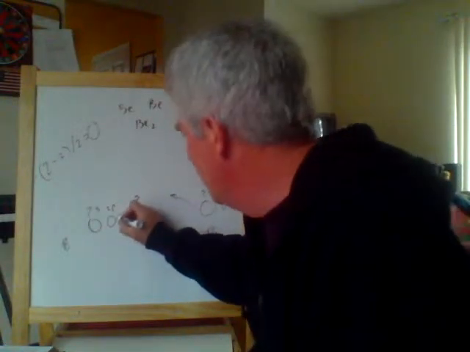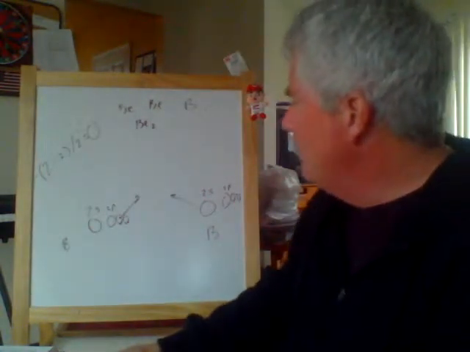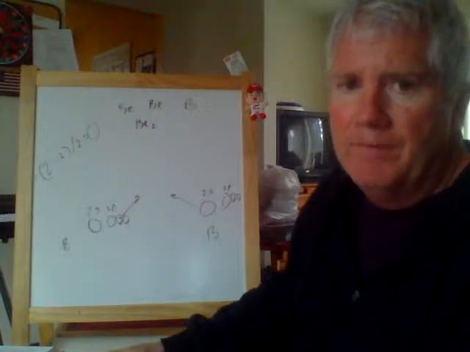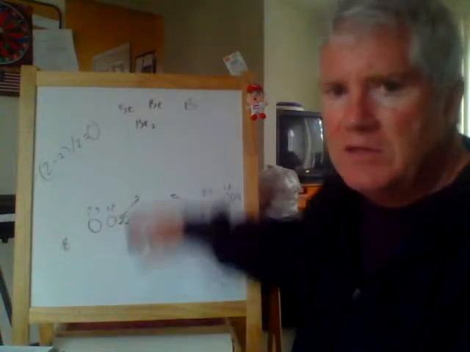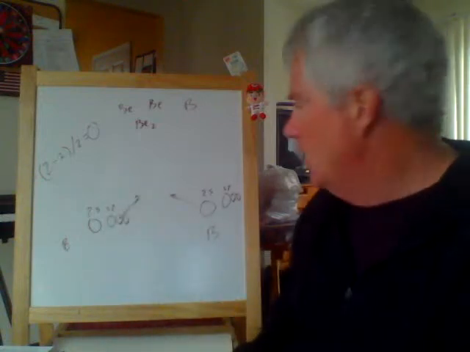I need to draw all of these orbitals in. There are 3 p orbitals and 1 s orbital. When we mix them, we end up with 8 molecular orbitals in total.